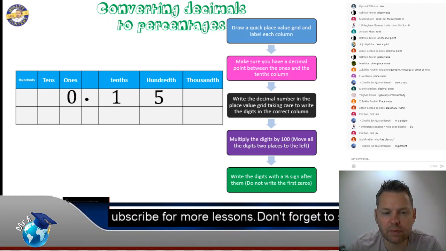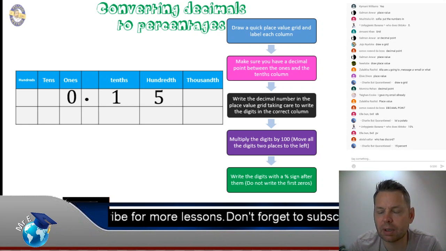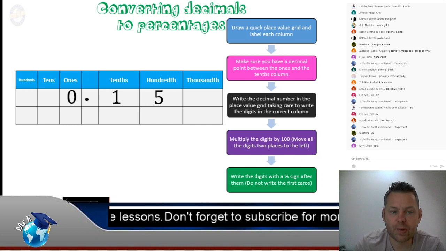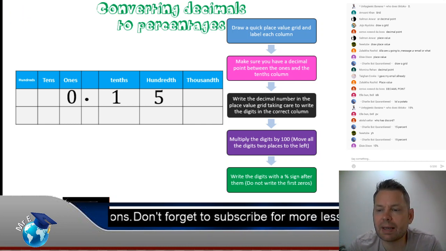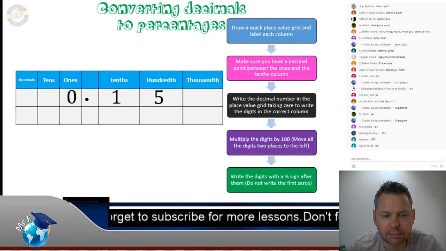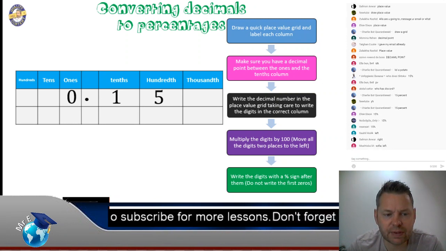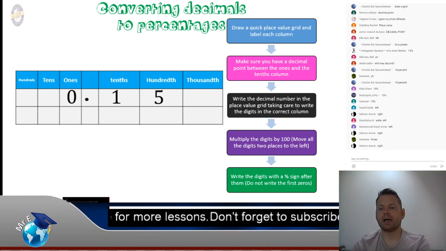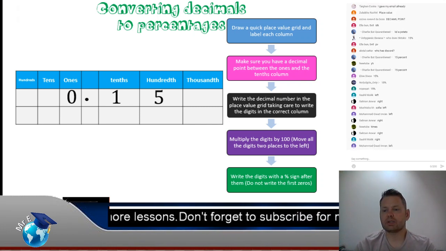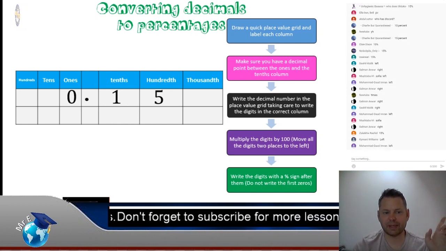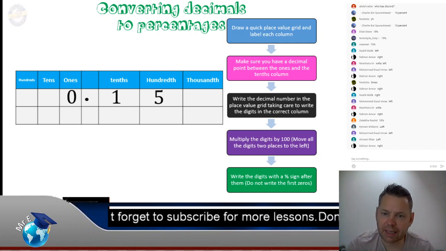If I'm making the number larger, how am I going to move these? Left. I'm going to move them left, yeah, because if we are looking at the place value grid and we're going larger, everything is going to go to our left, which when you look at the screen now, you're looking at right, so I'm going to go to the left.